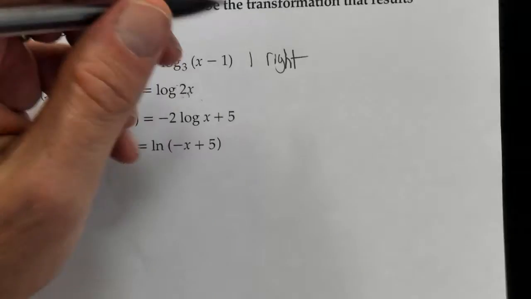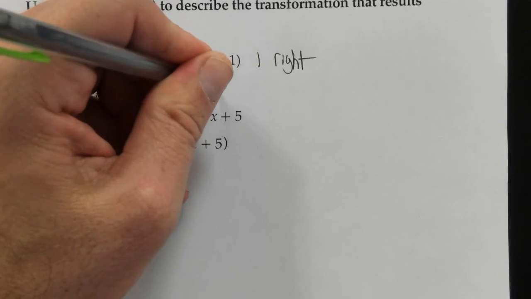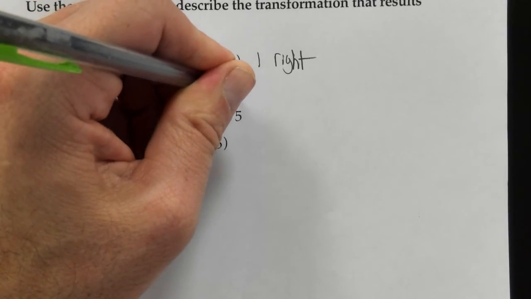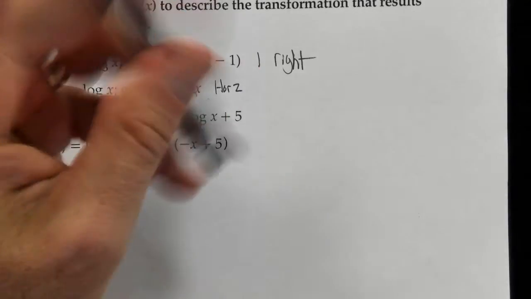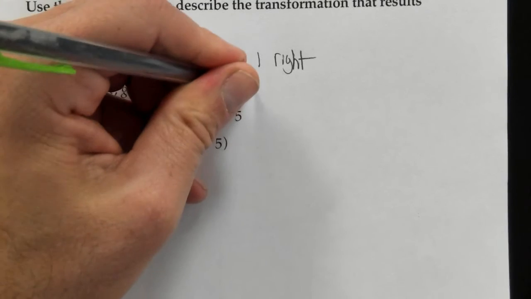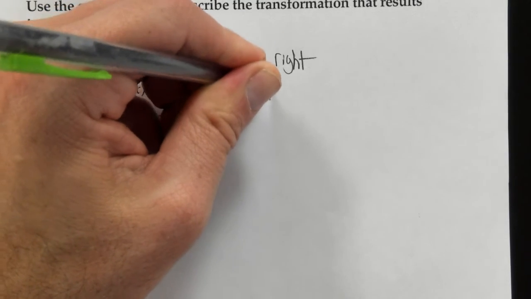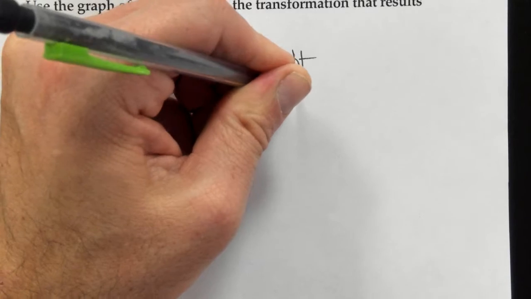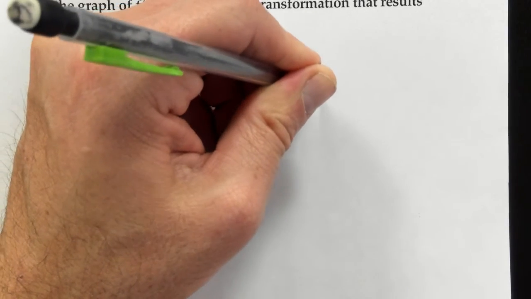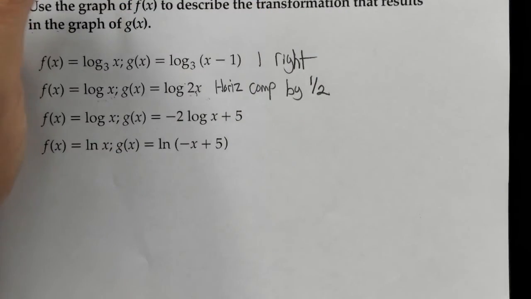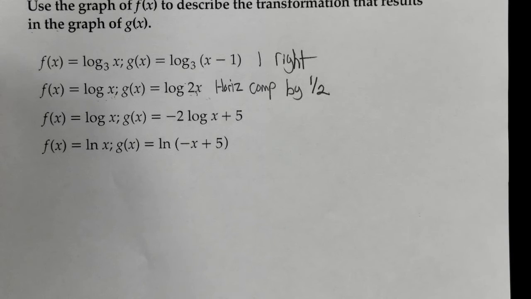So really what's happening here is we've got a horizontal compression by a factor of 1/2, compressed by 1/2.